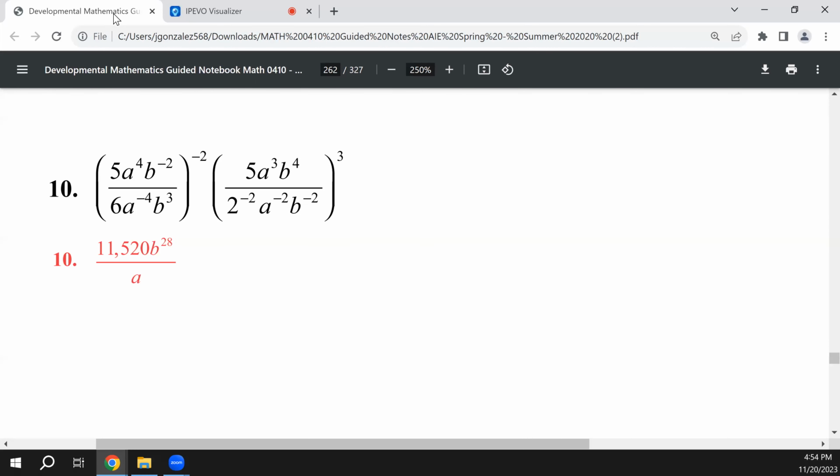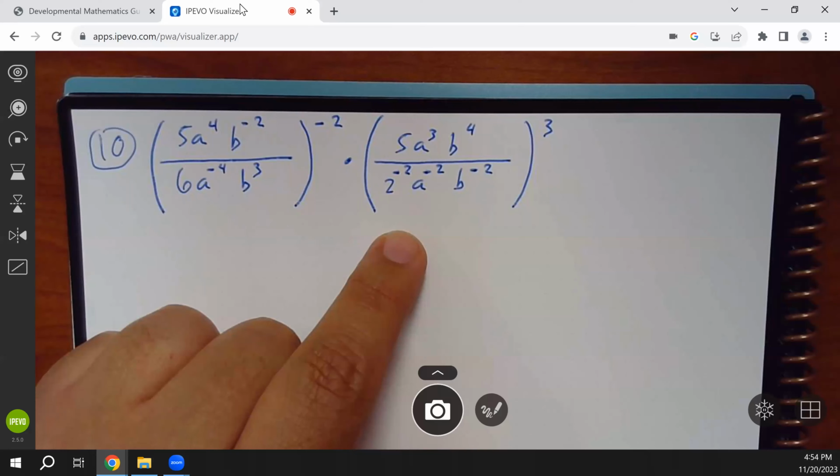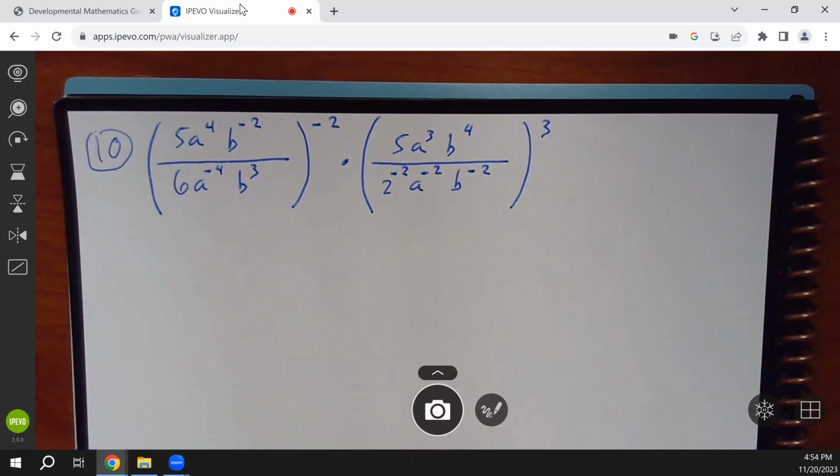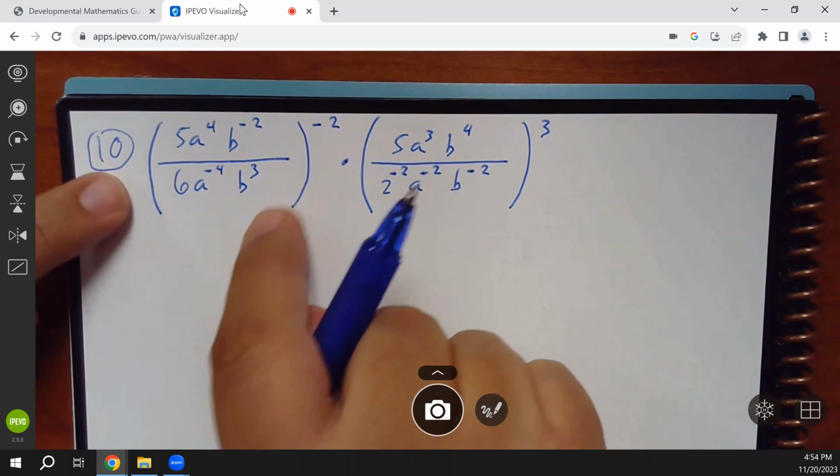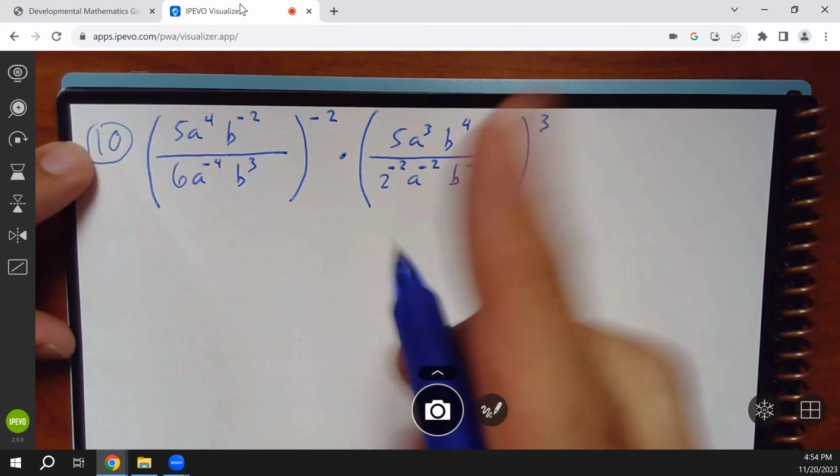Okay. Looks like it all cancels out pretty nice. So how do we get there? We have a negative power, so we can flip this over, make it a positive.